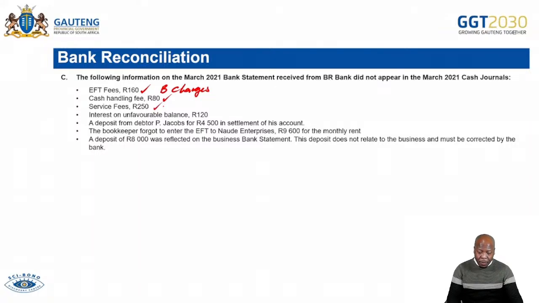These are all bank charges. But I also have interest on overdraft. So that means these four will now go to my CPJ. I'm going to add the 160, the 180, the 250, and the 120.